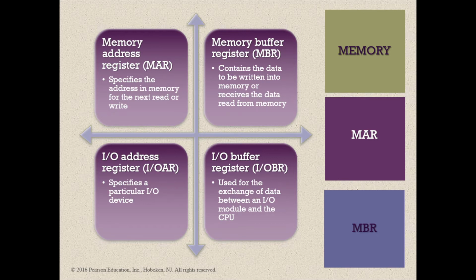Similarly, an I/O address register, or the IOAR, specifies a particular I/O device, and then an I/O buffer register, or the IOBR, is used for the exchange of data between the I/O module and the CPU.